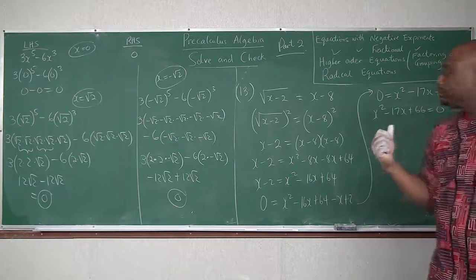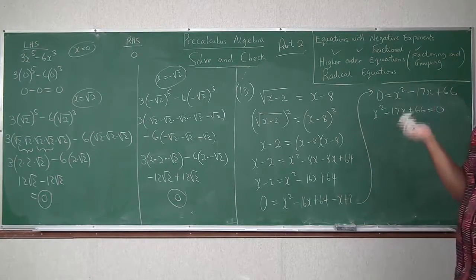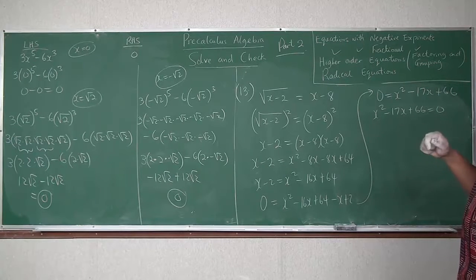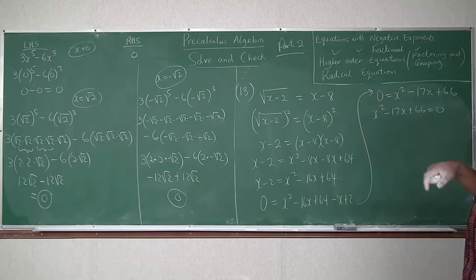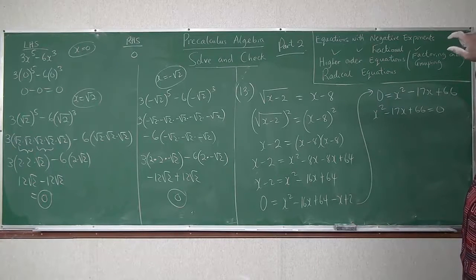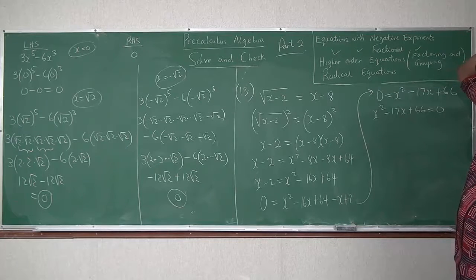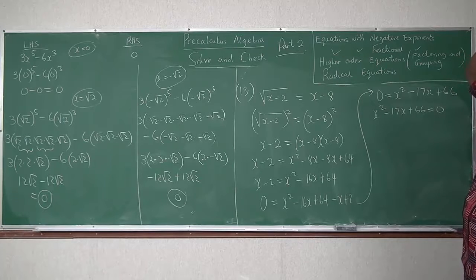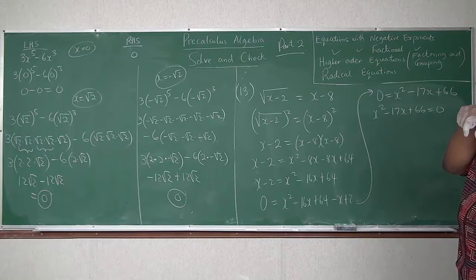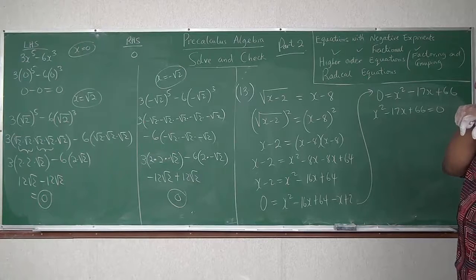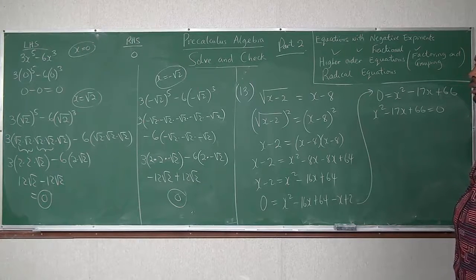66 times 1x squared is 66x squared. 1 and 66, no. Negative 1, negative 66, no. 2 and 33, no. Negative 2 and negative 33, no. 3 and 22, no. Negative 3, negative 22, no. 4, no. 5, no. 6 and 11, no. Negative 6, negative 11 will work.